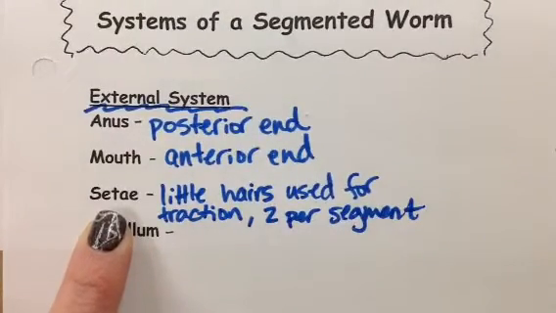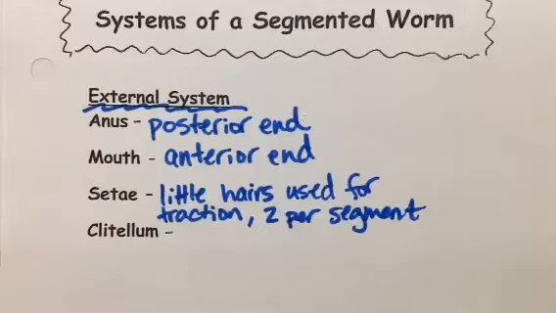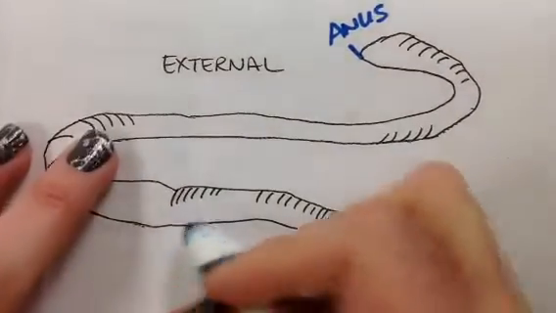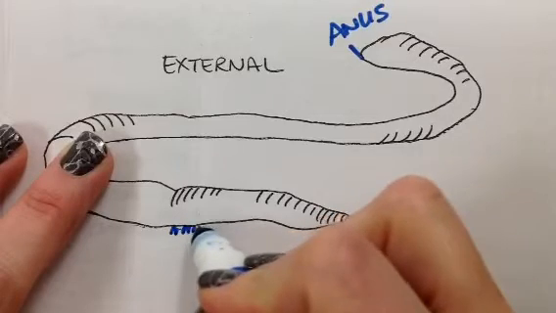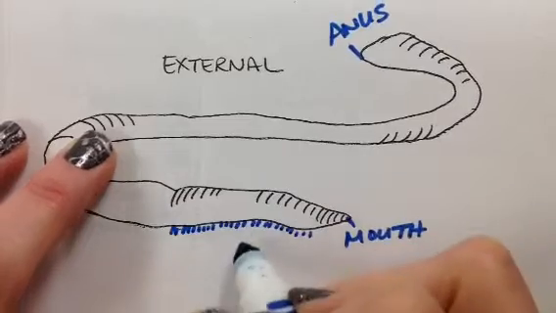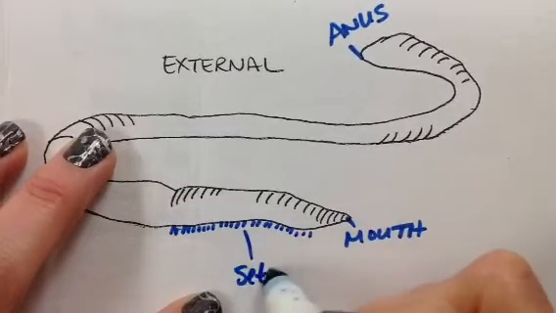Of course, we're talking about segmented worms, so each segment is going to have 2 setae. So on my diagram, I don't have time to draw in every single setae, so I'm just going to put a couple of them as you go down the worm. Okay. And then I'll label them.